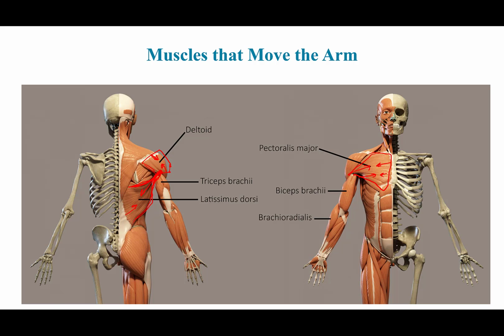So that means it's going to help you adduct your arm. Adduct, bring it back in. It can also do one more thing, which is internally rotate your arm, internally rotate your shoulder inward, but it's not as strong as adducting the arm, bringing the arm in.